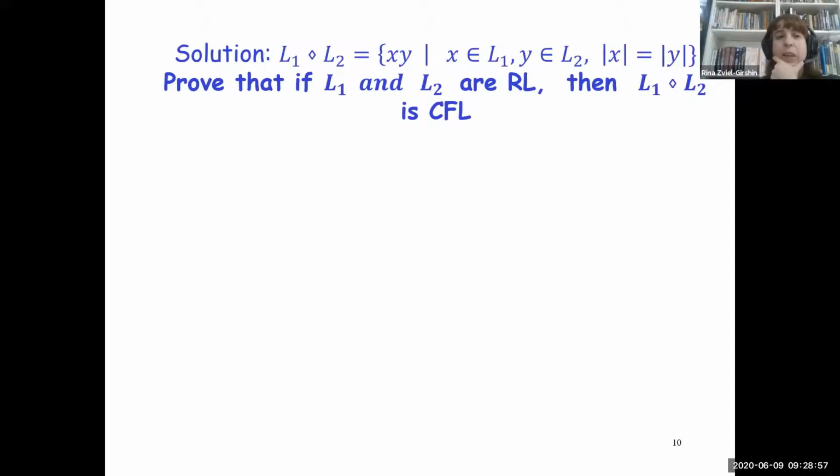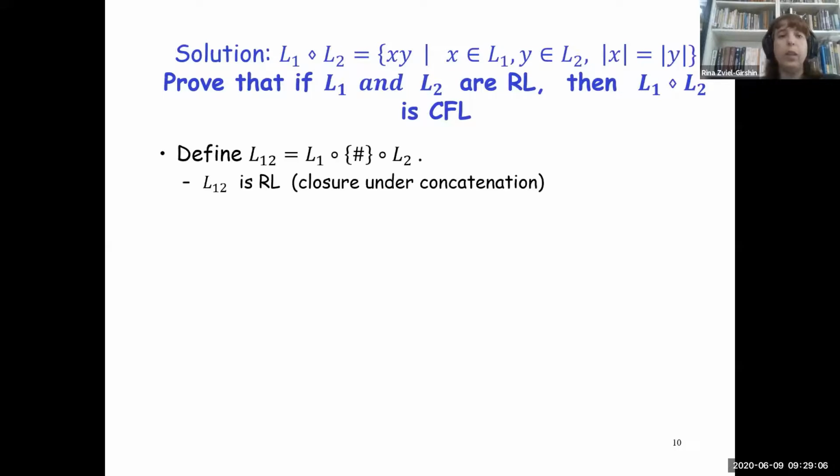So let's start talking a little bit about this proof, because this proof will not be so easy. I define a new language, L1 concatenation with a DS sign and L2, and I call this new language L12.